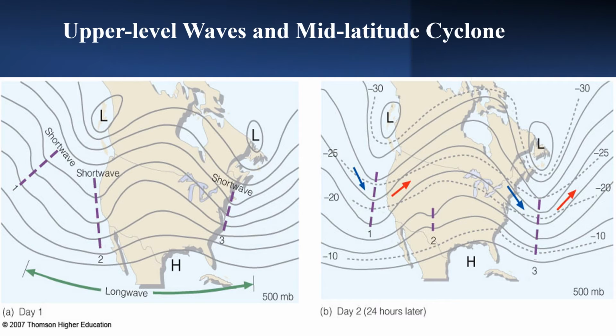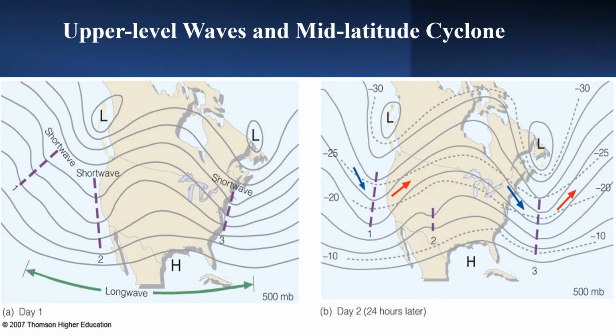By comparison, where the isotherms cross the contour lines, temperature advection occurs. That means when the isotherm lines cross the pressure lines, temperature advection occurs, and the atmosphere in this situation is called baroclinic. The baroclinic region tends to be in a narrow zone in the vicinity of the short wave.